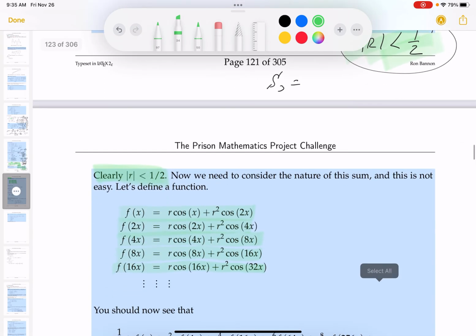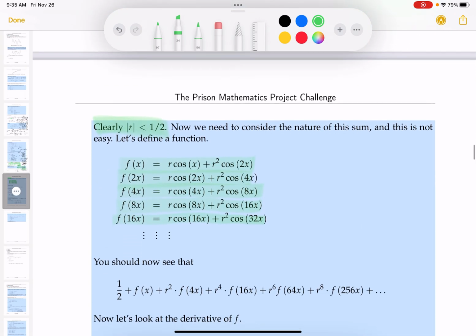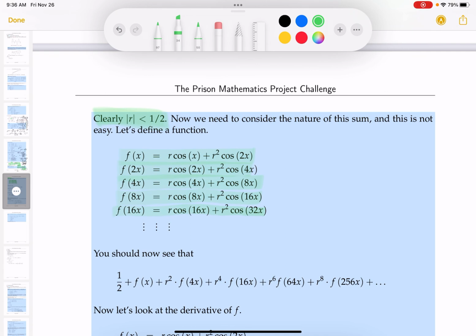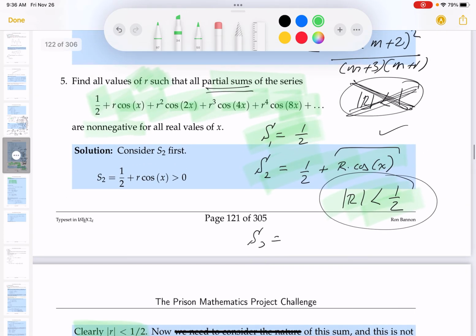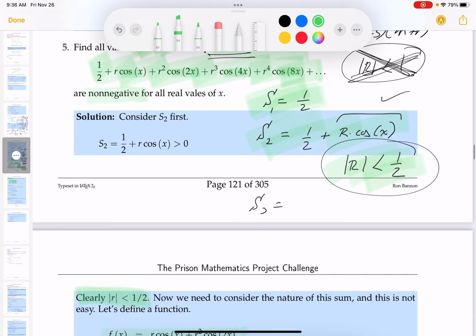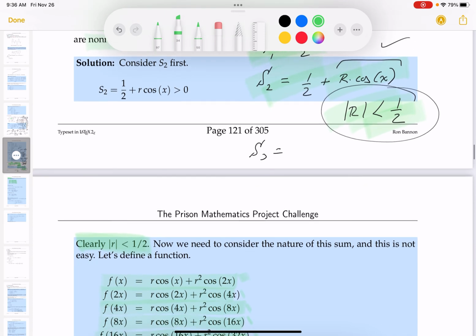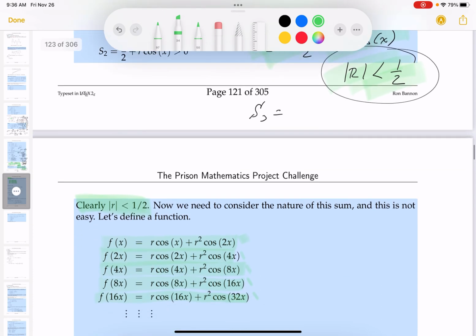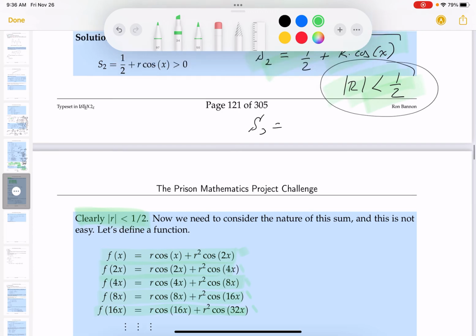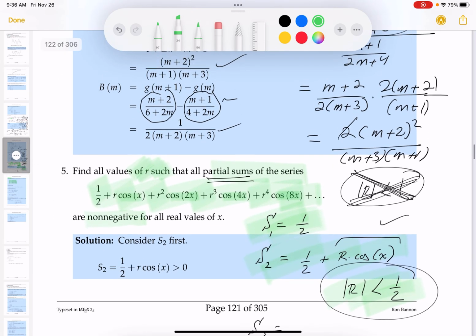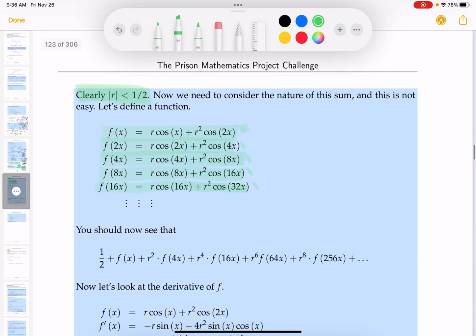Maybe not, though. Right? Do I see these terms up here? Yeah, I see them. r cosine x, r squared cosine 2x. Then I see this. I'm seeing them all in that problem over there. It goes on forever, though. And there's a problem with forever. When do you stop? All right?